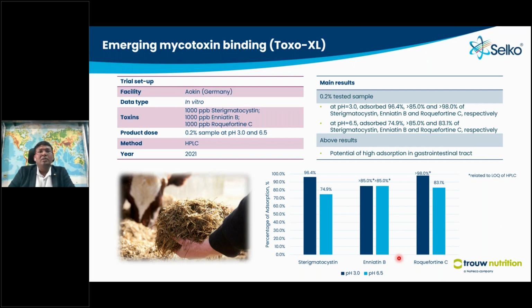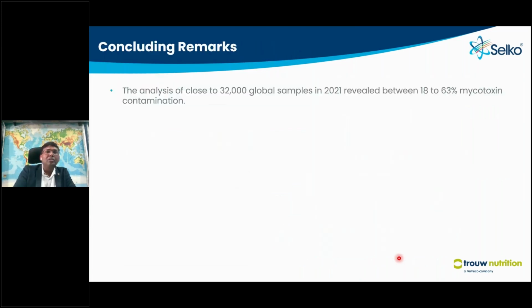So emerging mycotoxins, we have to deal with them, and with the ToxoXL kind of product, we are doing more research in this area. So with that, dear attendees, I would like to conclude that the analysis of close to 32,000 samples across the globe revealed 18 to 63% mycotoxin contamination.